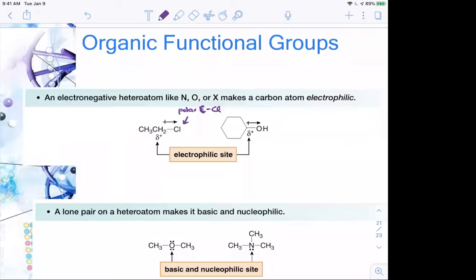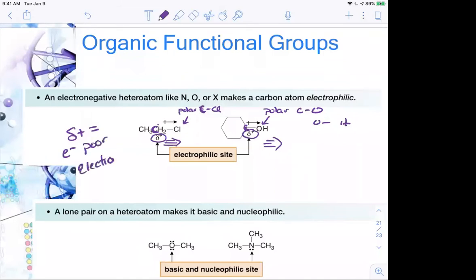This is an electronegative oxygen, a polar carbon-oxygen bond and a polar oxygen-hydrogen bond. Because electron density is being pulled in this direction, this carbon here and this carbon here are partially positive. Partial positive is electron poor, which is electrophilic.